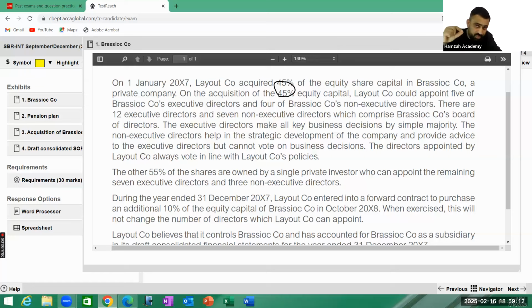And further, according to IFRS 10, the parent company has control over the subsidiary if it has power over the investee, and exposure or a right to variable return from its involvement with the investee company.